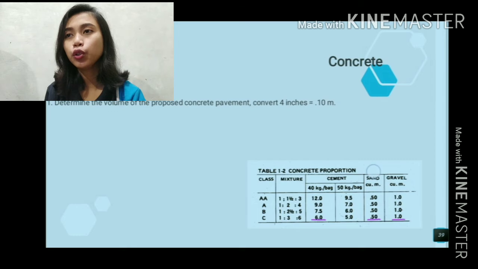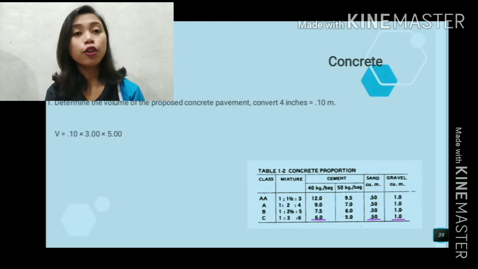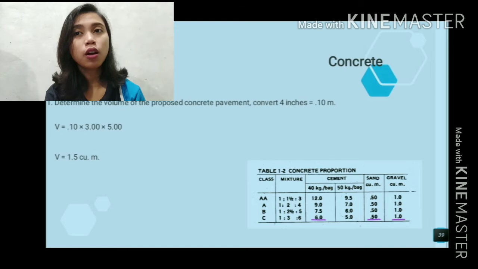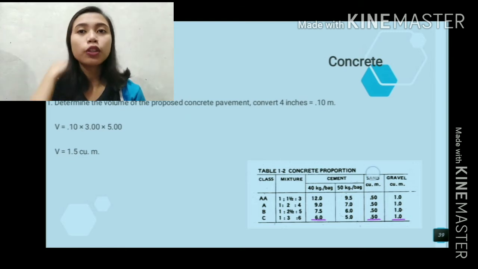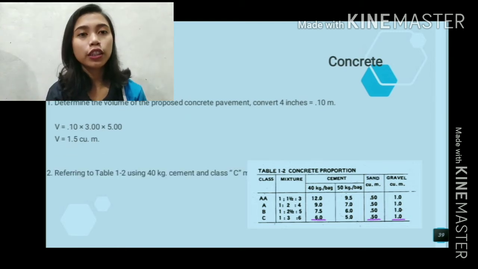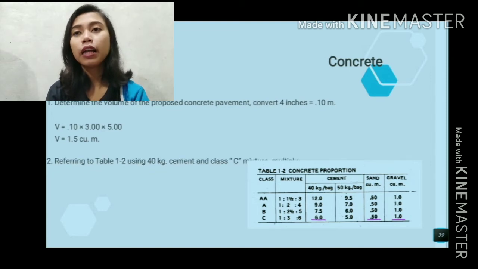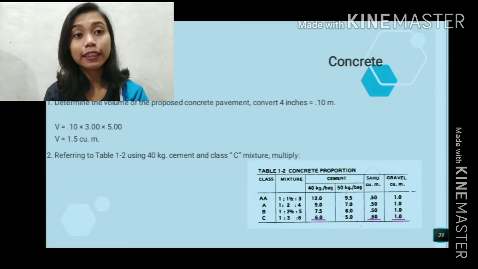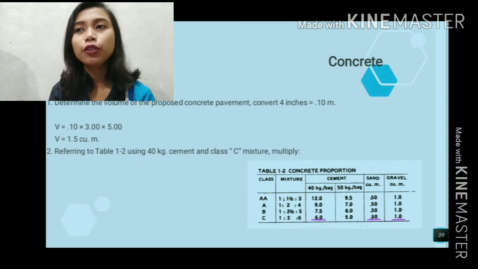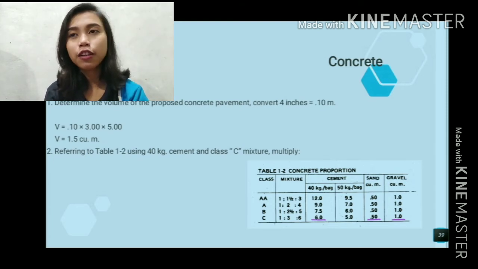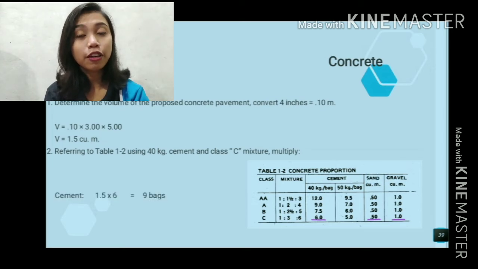So, solution is first, we will determine the volume of the proposed concrete pavement. So we'll convert its thickness, which is 4 inches, into meters. So we'll apply the conversion of units discussed lately. If you could remember, the approximate value of 1 inch to meter is 0.025.